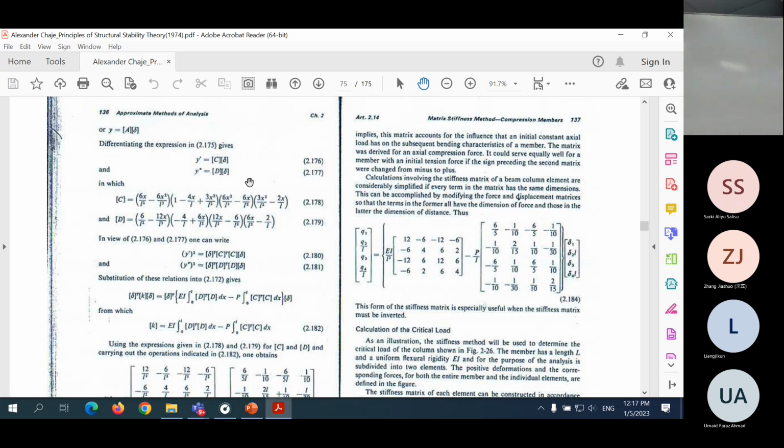Y double prime square can be written as delta transpose D transpose. You transpose this whole thing, multiply it back with this, you get y double prime square, y prime square.